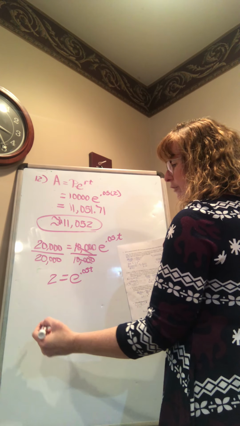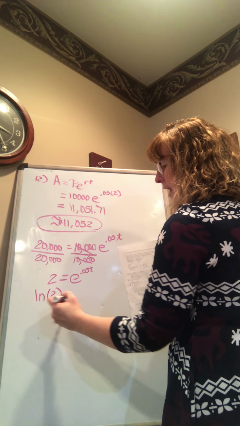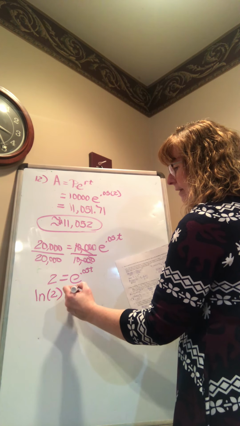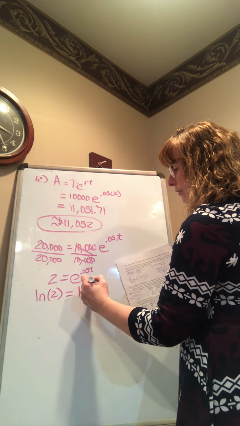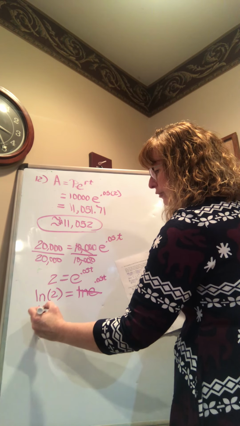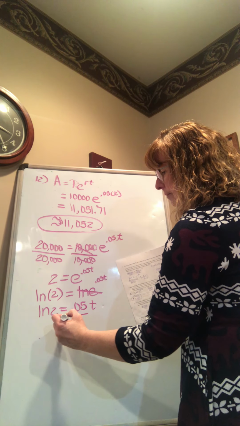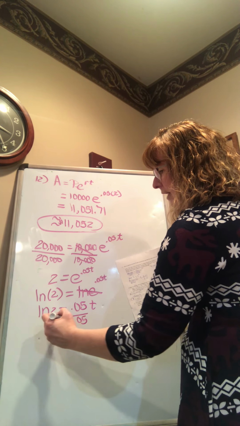And we're going to throw a natural log on both sides. And when I do that, natural log of e to the 0.05t, these guys cancel. Natural log of 2 is 0.05 times the time, divide by 0.05.